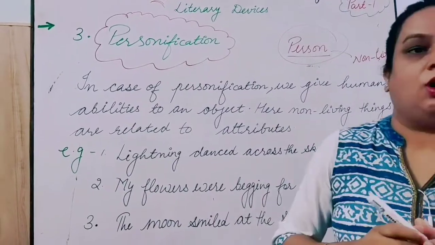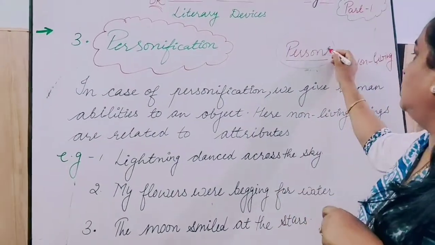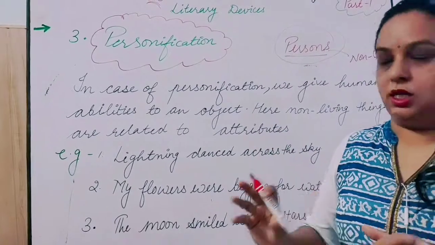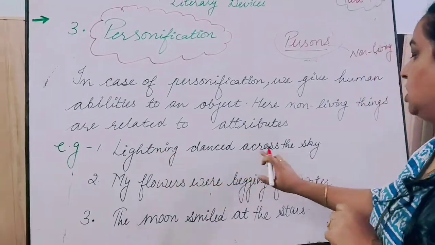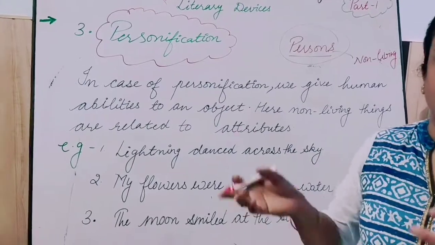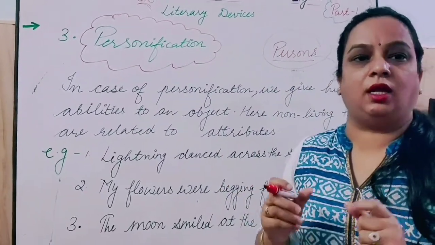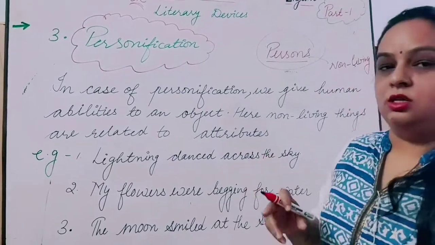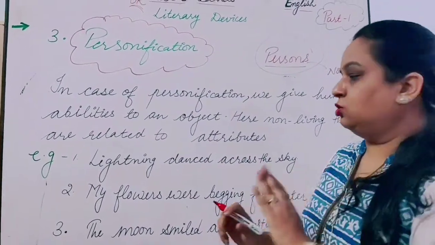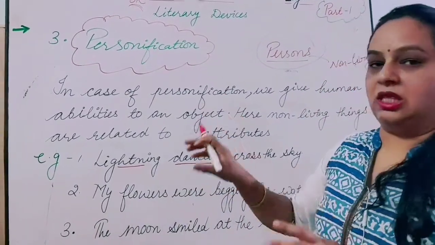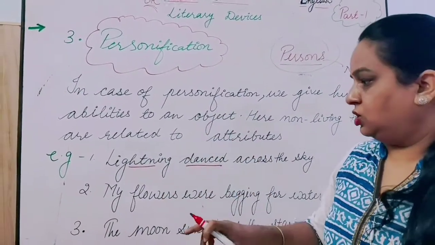The qualities of the persons are given to non-living things. So here we can understand that lightning danced across the sky. Actually the quality of dancing is given by nature to human beings, but we are giving that quality to lightning. So lightning danced. Clear? So this is personification.